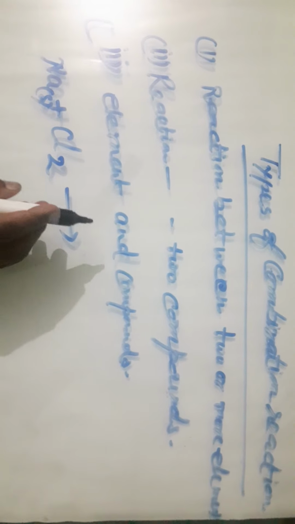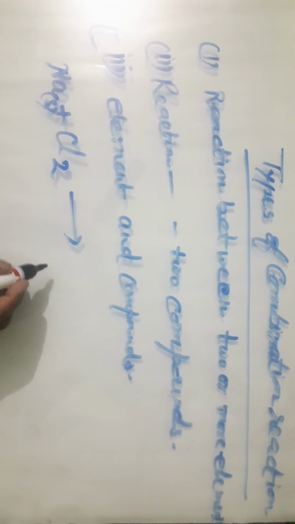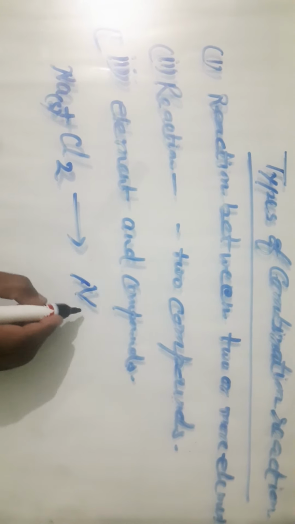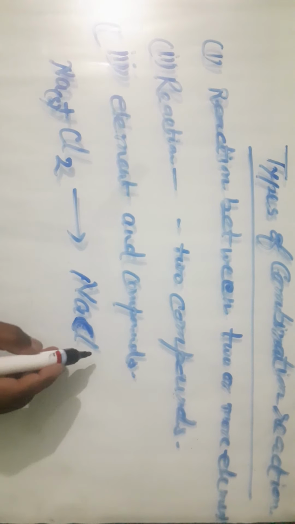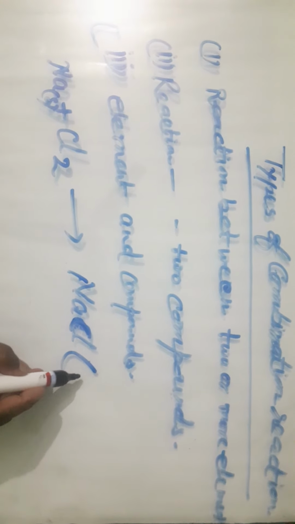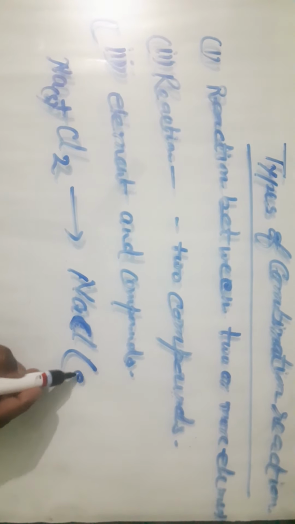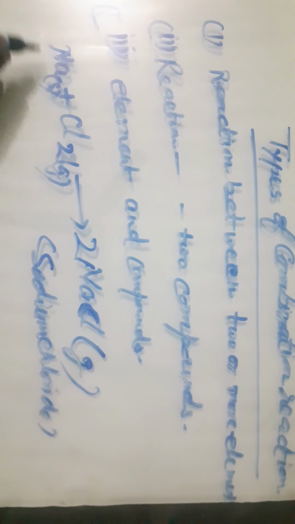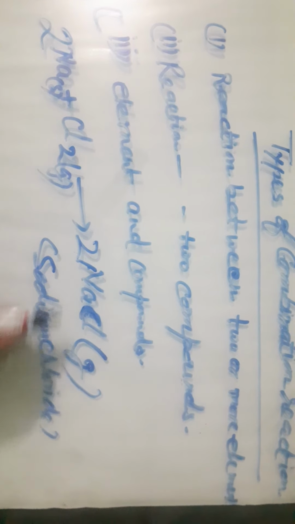When these two elements react together to form a single product, sodium chloride. Chlorine is a gas, sodium is solid, and now we can balance this equation: 2Na + Cl2 gives 2NaCl.